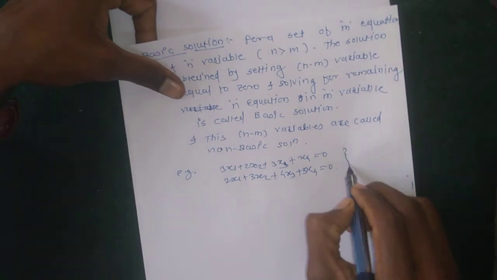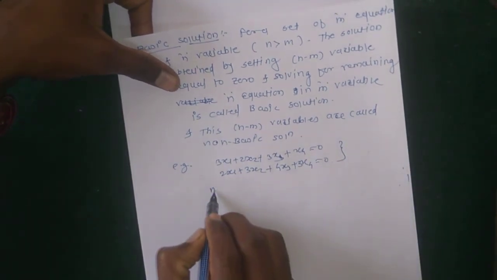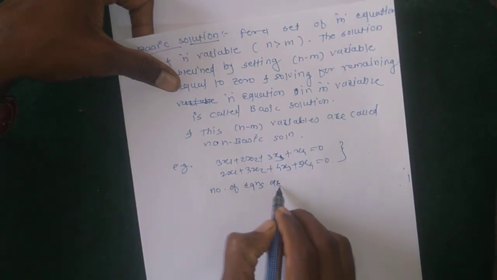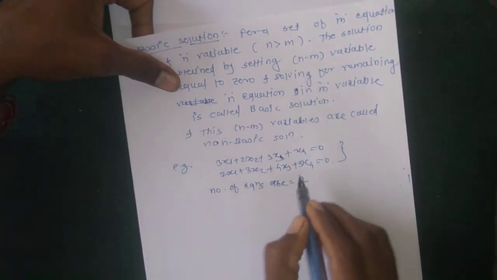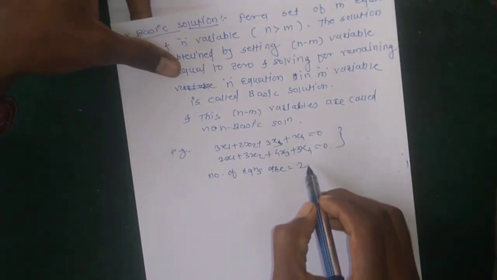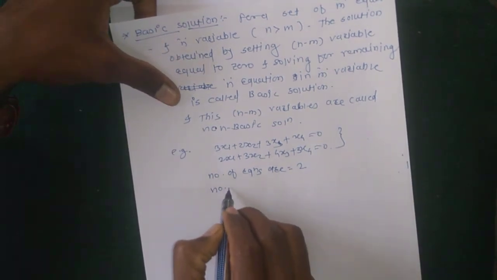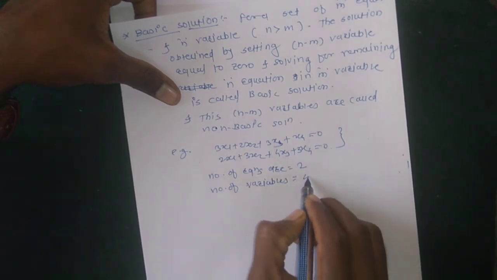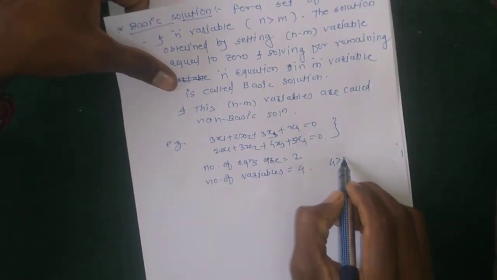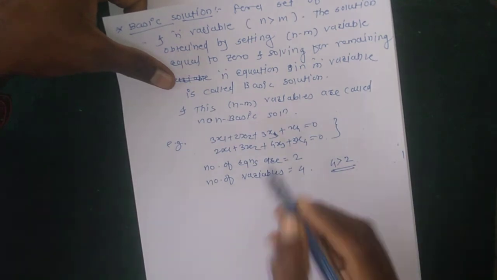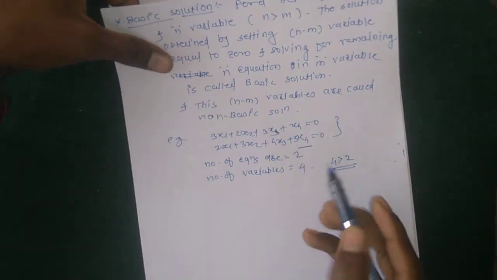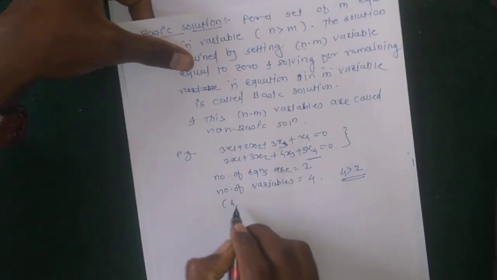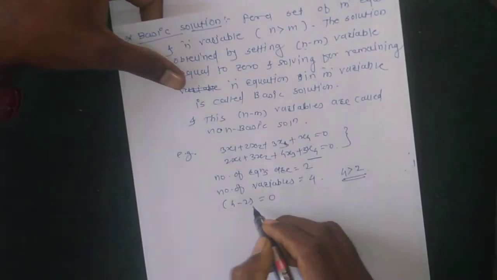Here there are only 2 equations and the number of variables is 4, and 4 is greater than 2. So how to obtain the solution? We obtain it by setting n minus m variables, meaning 4 minus 2 variables, to 0.